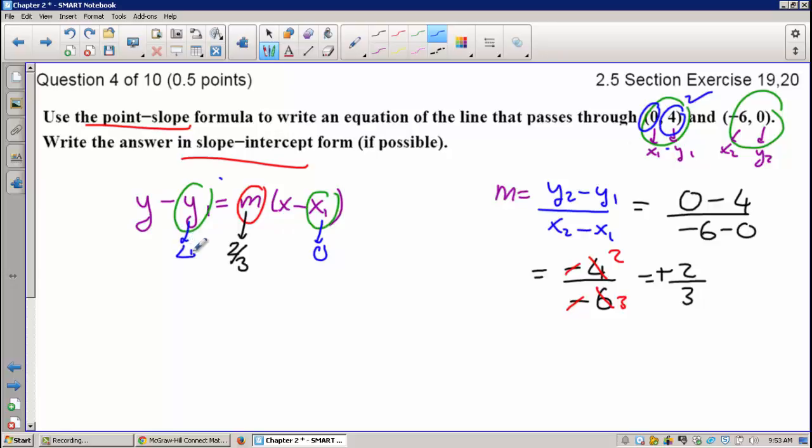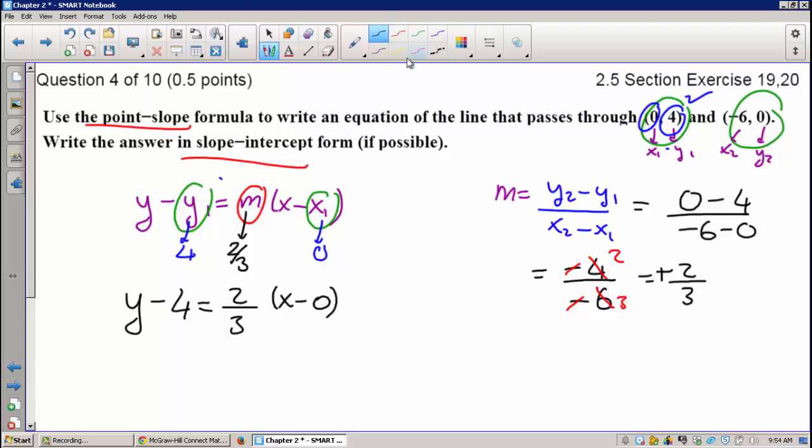And let's put everything back in place and see what we get. y minus 4 equals 2/3 times x minus 0. Any questions?